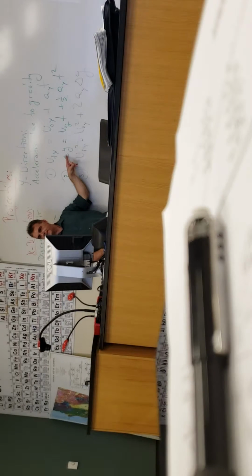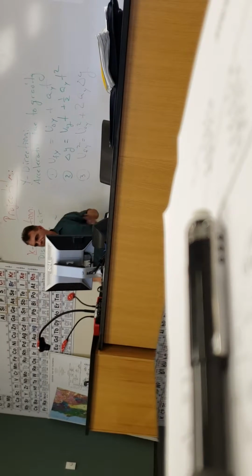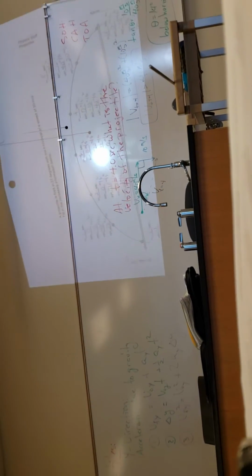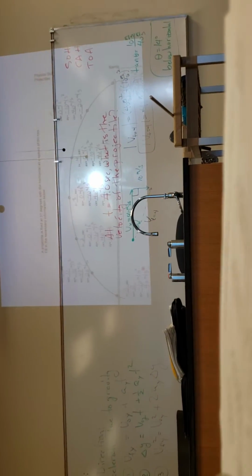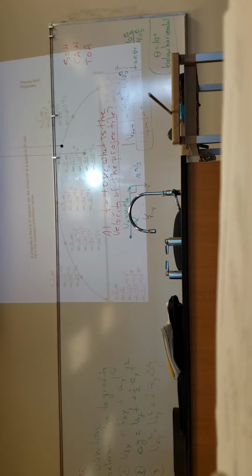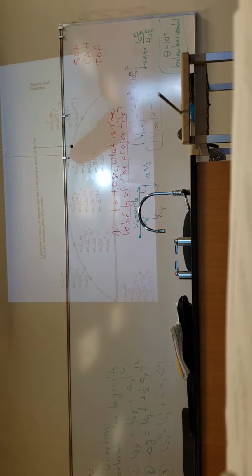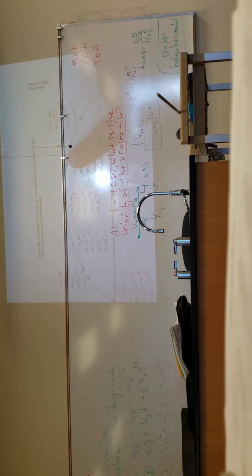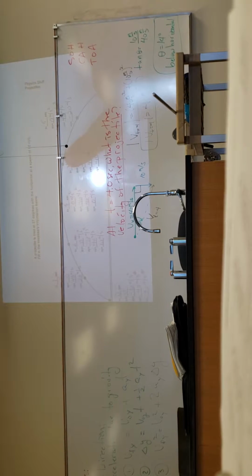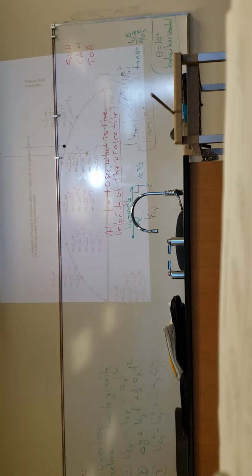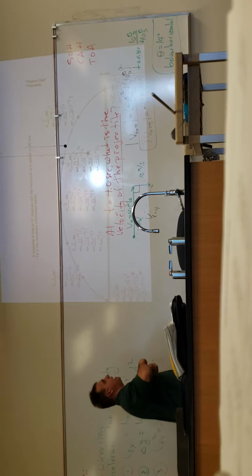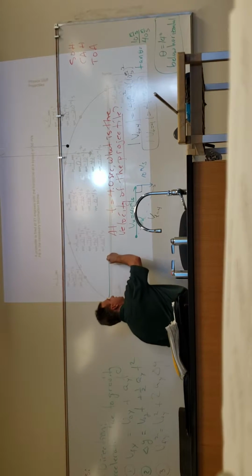So at 4 seconds, it has a position. If the question happened to be, where is that spot right there? You can't do it in one step, but what you would do is calculate how far sideways it went.